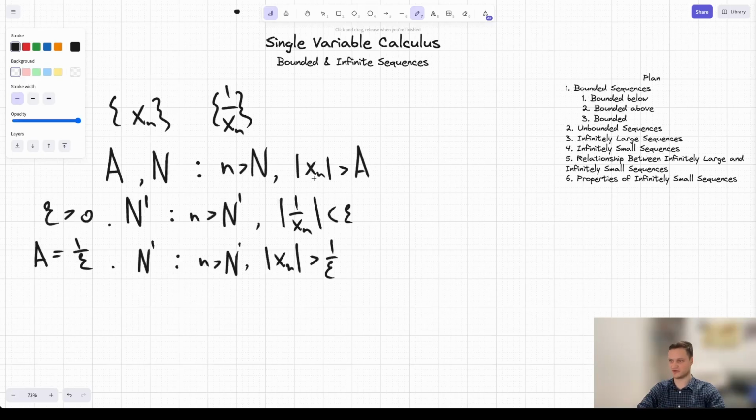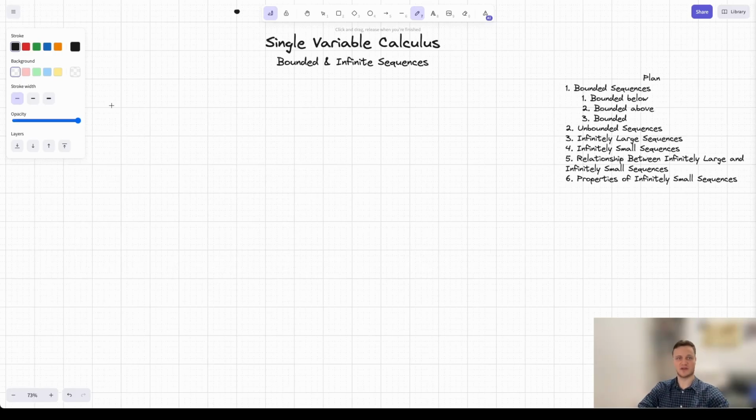This is just a rephrase of this definition. Since both this one and this one are positive, we can take the reciprocal of both sides and reverse the inequality. And we get this inequality. Thus, for any epsilon more than 0, we found such n prime that for all natural numbers, which are indices of the sequence, more than n prime, this inequality holds, proving that 1 over x_n is an infinitely small sequence.